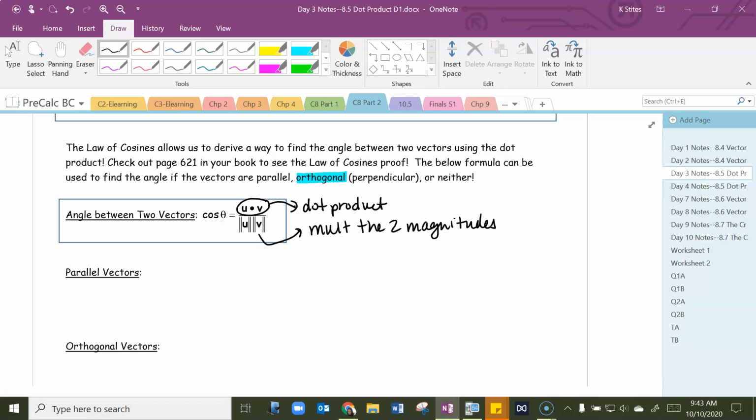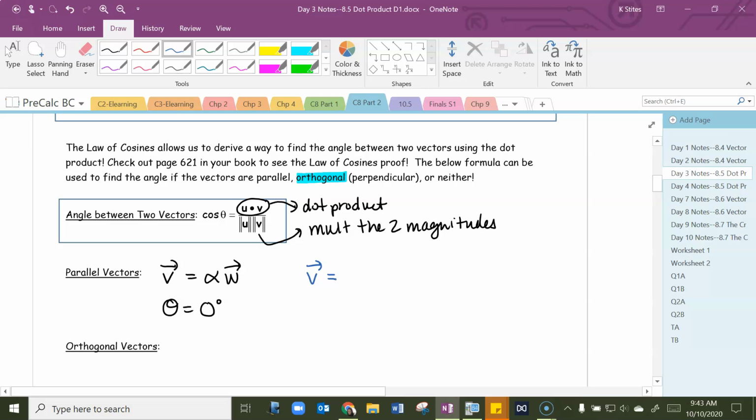Now, a little more information for you. Vectors are considered parallel if vector v is equal to some value times vector w. All right, and we'll look at that in just a second. They are also parallel if your theta is 0 degrees. All right, so let me give you an example of this.